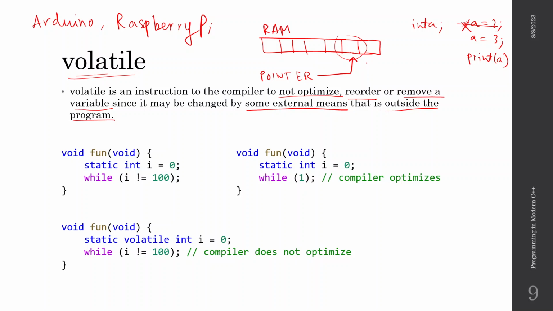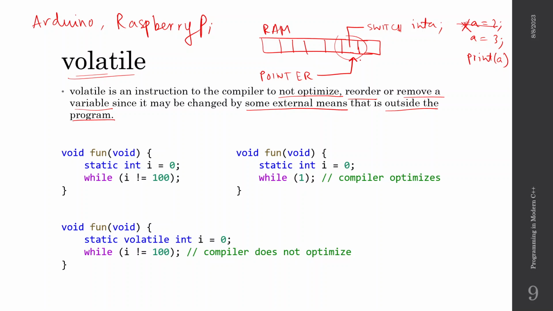Now we are assuming that this is some low level hardware board, like some hardware project, not some software project. So the thing is that this memory location is now connected to a switch, a hardware switch. And if a user presses the switch, the value at this location might change.